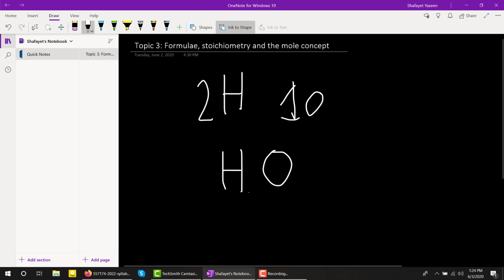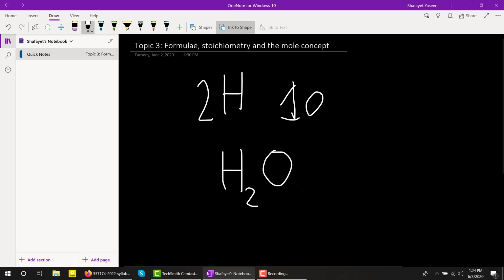Then all you need to do is write the number of atoms each element has, respectively, as its subscript. Hydrogen has 2 atoms in this compound, so you'll be writing 2 as its subscript at its base. And for oxygen you have 1, so you'd write 1 here, but we don't usually include the 1.